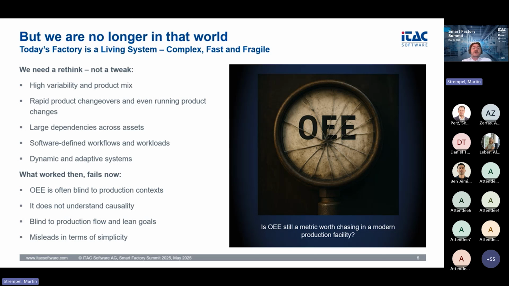We have much shorter life cycles when it comes to products, which means if there are changes, these could always be substantial, and we need to think about how that might affect the OEE calculations. We have dynamic routing, we have changeovers, we have, even in the most modern factories today, software-defined workflows that change dynamically depending on situations and conditions in the factory. We have machines and humans now working side by side in the modern factory.